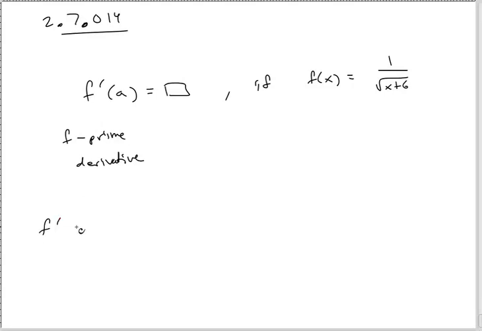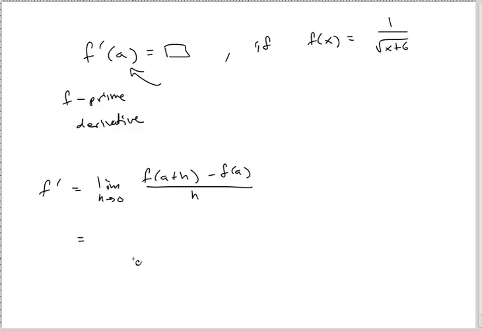So f prime is equal to the limit as h goes to 0 of f of a plus h minus f of a, all divided by h. Again, they will want you to have a's in your answer. Okay. And hopefully that'll go away soon. So I'm going to take this and plug it in wherever there's an x. And so it's going to be pretty big. So here we go.